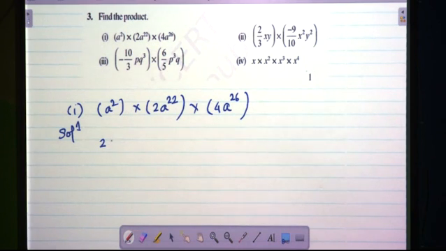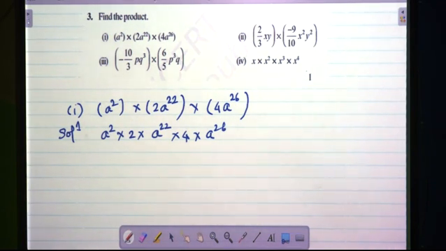I will do one thing just to make our understanding much more clear. I will increase one more step. a square into 2 into a raised to 22 into 4 into a raised to 26. I have written it in a much detailed form.